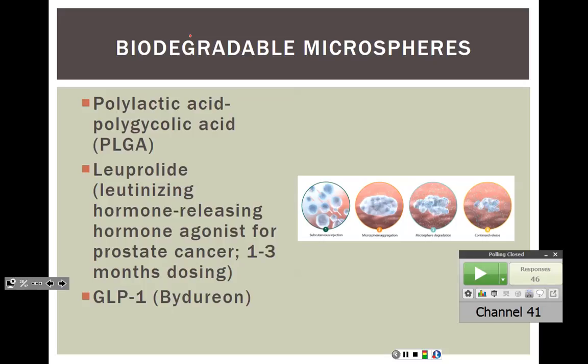The two FDA-approved examples are leuprolide, a luteinizing hormone-releasing hormone agonist for prostate cancer, where patients only get one of these microsphere injections every couple of months, and GLP-1, glucagon-like peptide 1, also known as Bydureon, a microsphere formulation used in the treatment of diabetes.